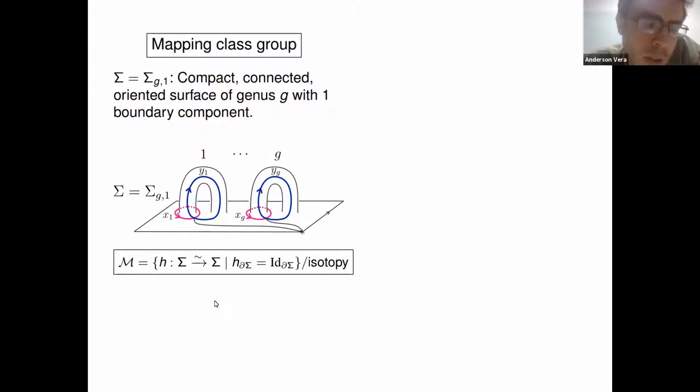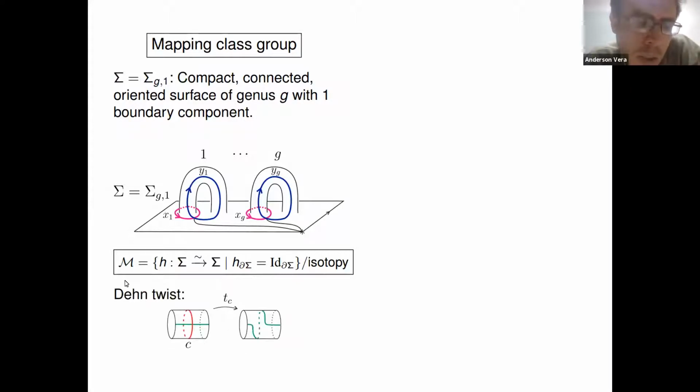The Dehn twist along the curve is the orientation-preserving homeomorphism of the surface which is the identity outside the regular neighborhood of the curve, and inside the cylinder is a twist. This is one of the main kinds of elements in the mapping class group, and in fact, the mapping class group is generated by Dehn twists.